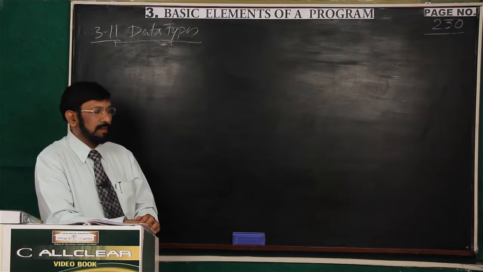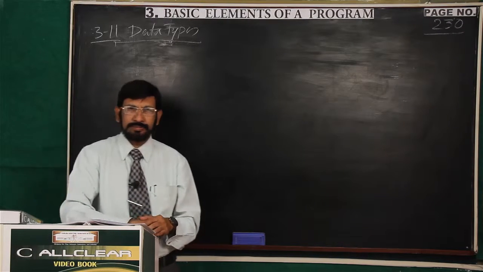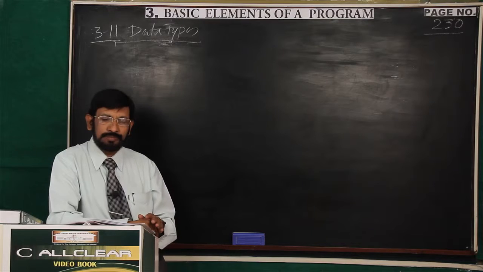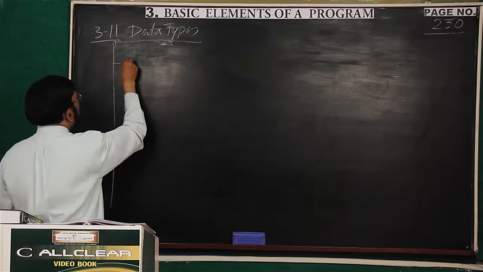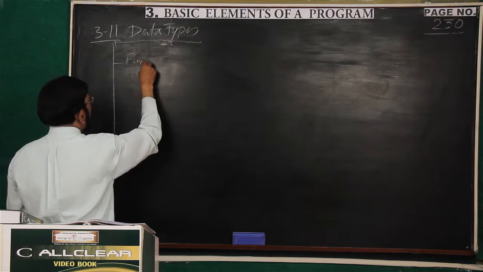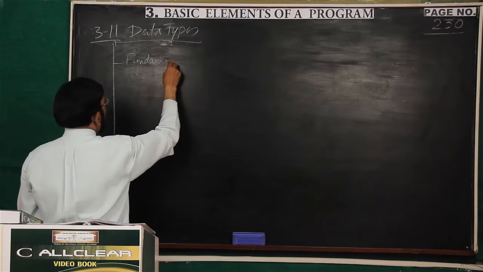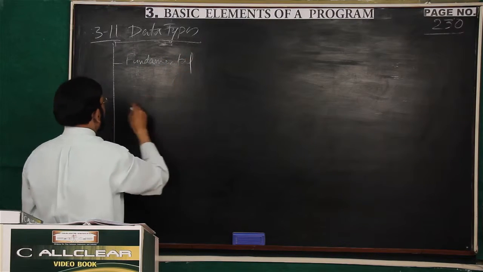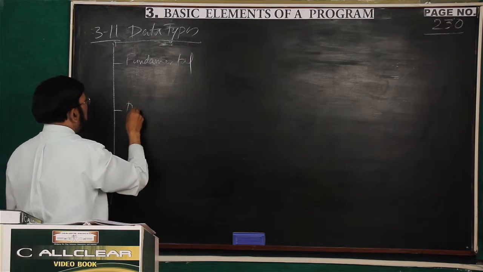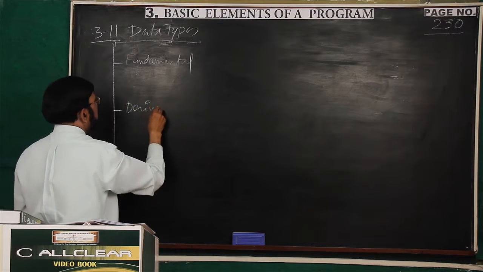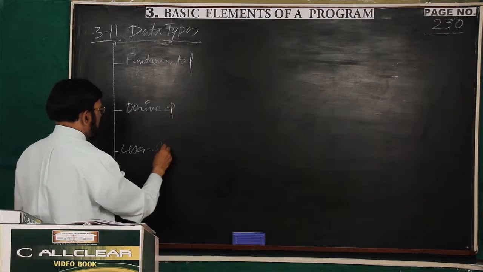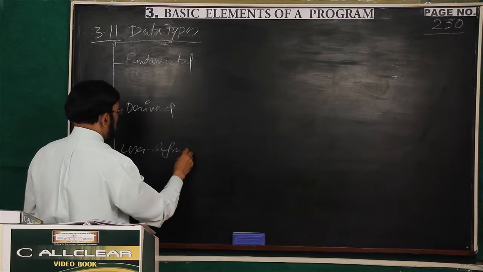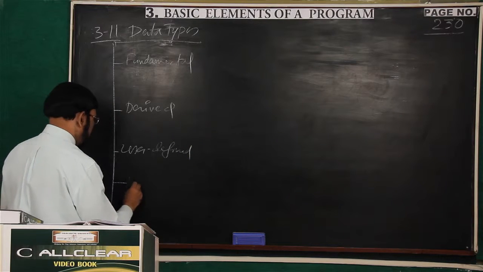Now, actually, all data types are classified into four groups. Those are fundamental data types, derived data types, user-defined data types, and finally, void.